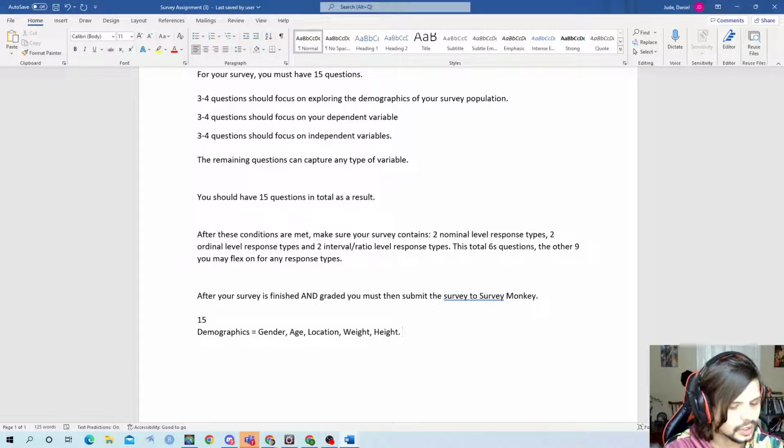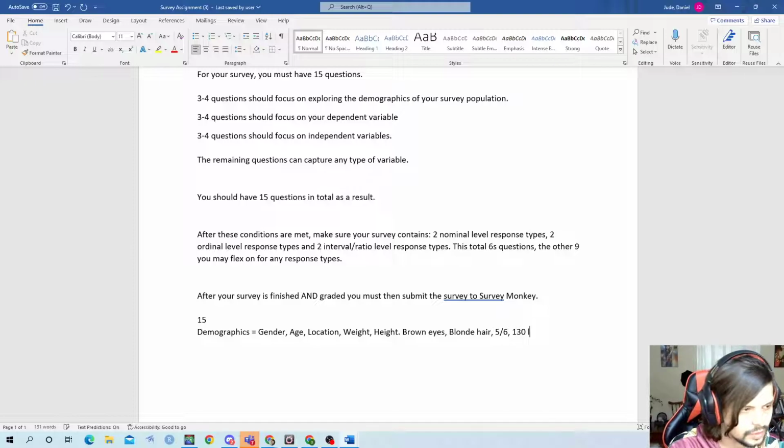You could say, oh, this person has brown eyes. They have blonde hair. They're about 5'6". They weigh about 130 pounds, and they live in Louisville, Kentucky. That would be the descriptive statistics of a person.